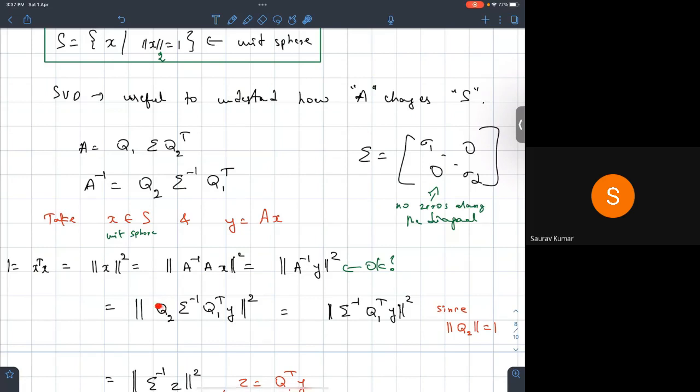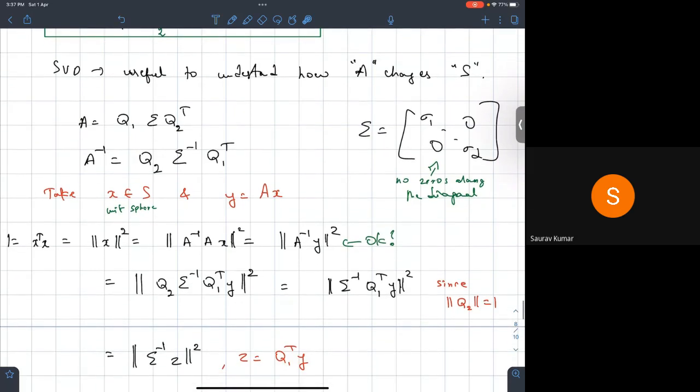So take out Q2, I'll get this. The important thing to observe is if I write this Q transpose y as some other new variable, then this is an equation like this. And the ellipsoid equation is just one step away.